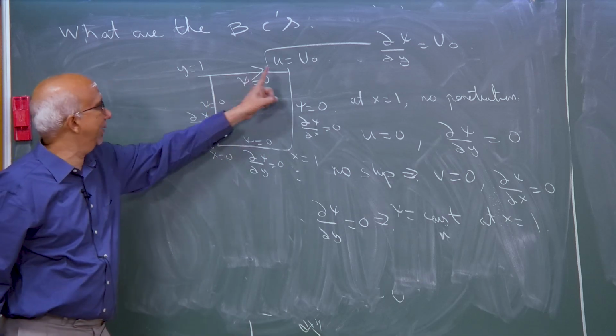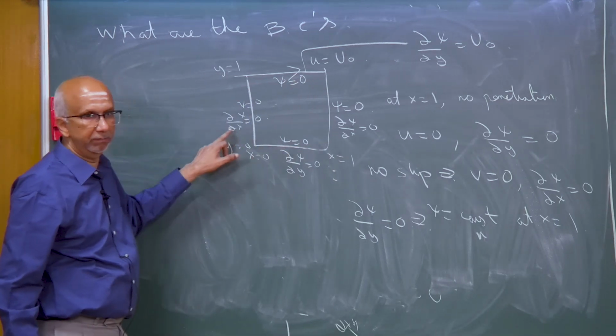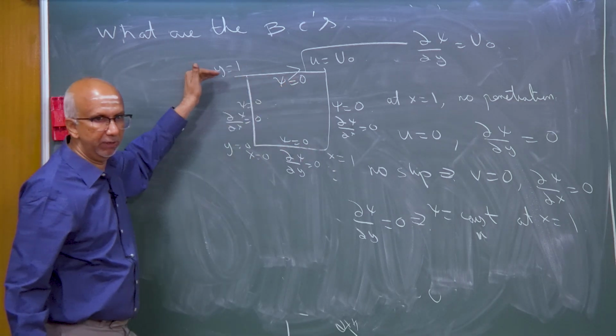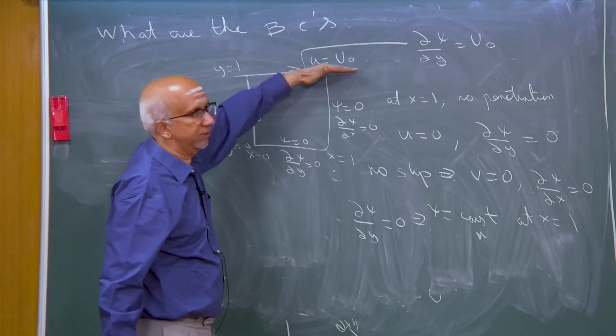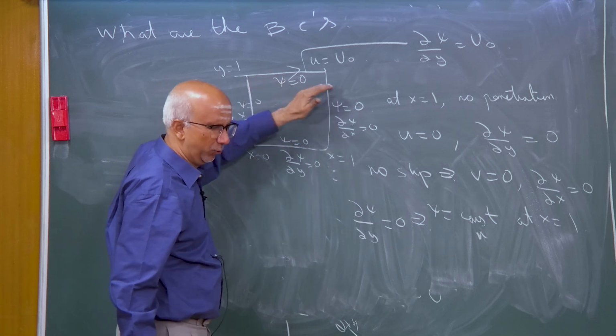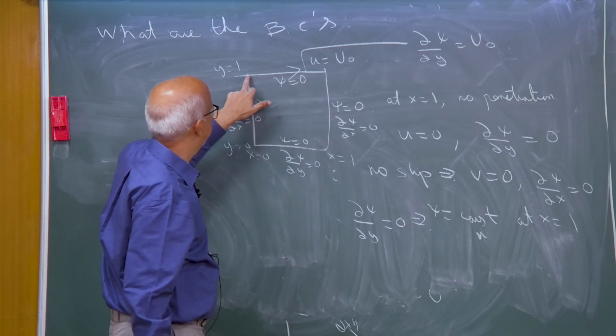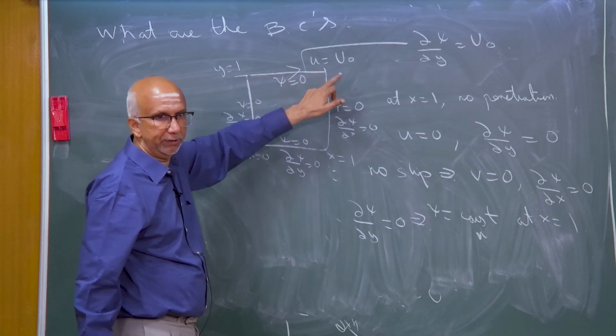It is going to be the same constant everywhere, because there will be one streamline hugging the whole boundary. Physically, you think about it: the plate is moving and is going to drag the liquid. This one liquid layer is going to be hugging the walls. So there is going to be one streamline.